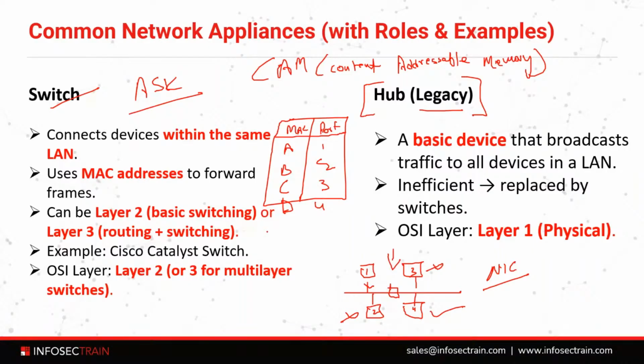The switch will go to the CAM table and check: okay, a device with MAC address D is connected to port number 4. So it will send the data to port number 4 only, not to others. That's why a switch is smarter as compared to a hub, and that's why we use switches nowadays.